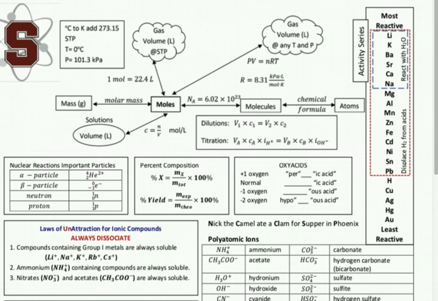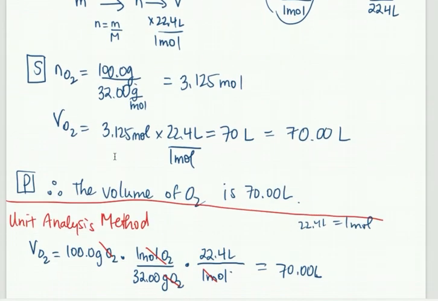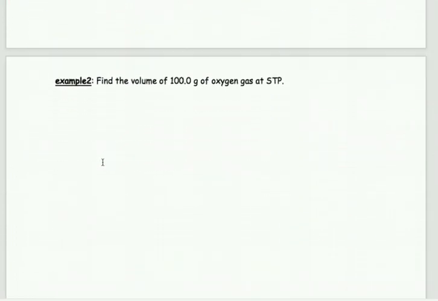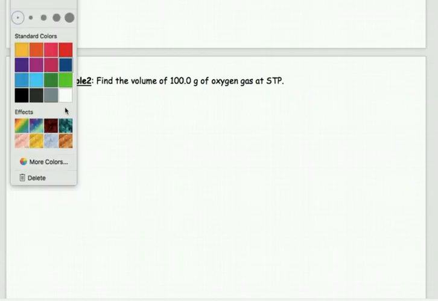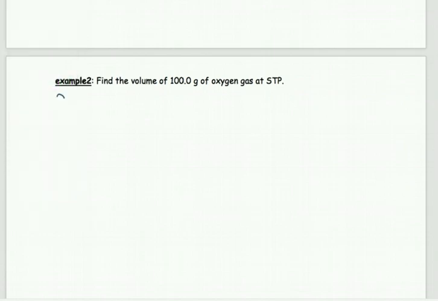All right, let's take a look. Here's example 2 again. We're going through and finding all the information that's given. We have our mass of 100 grams, and then we have standard temperature and pressure.